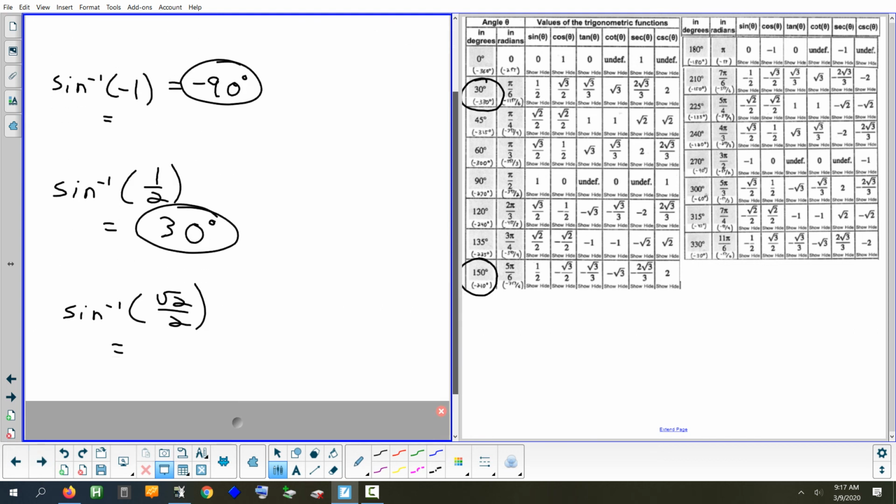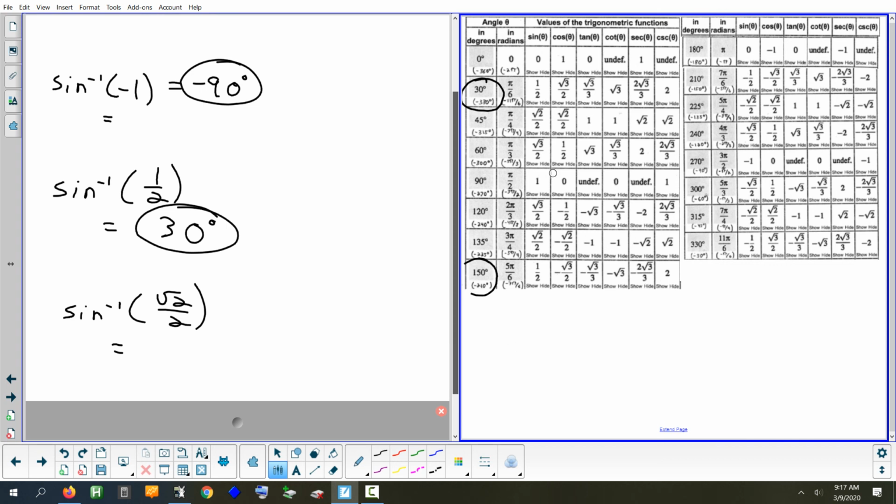All right, let's try this one. Inverse sine of root 2 over 2. So as you go down the sine column, if you find the answer that's between negative 90 and 90, you can stop. You can keep looking for the second answer if you want, but it's not going to work. So how about Joe?